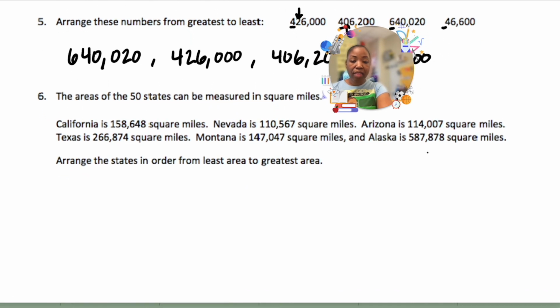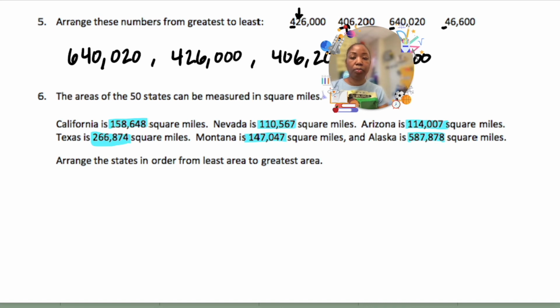So we need to find the least number. I'm going to highlight all the numbers so we know what we're looking at, because we have quite a bit of states mentioned here. All right, they want us to arrange the states.